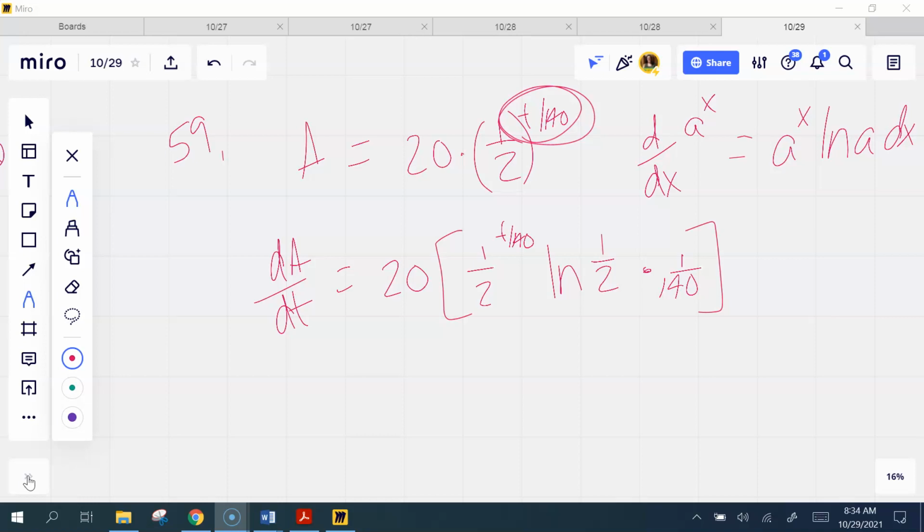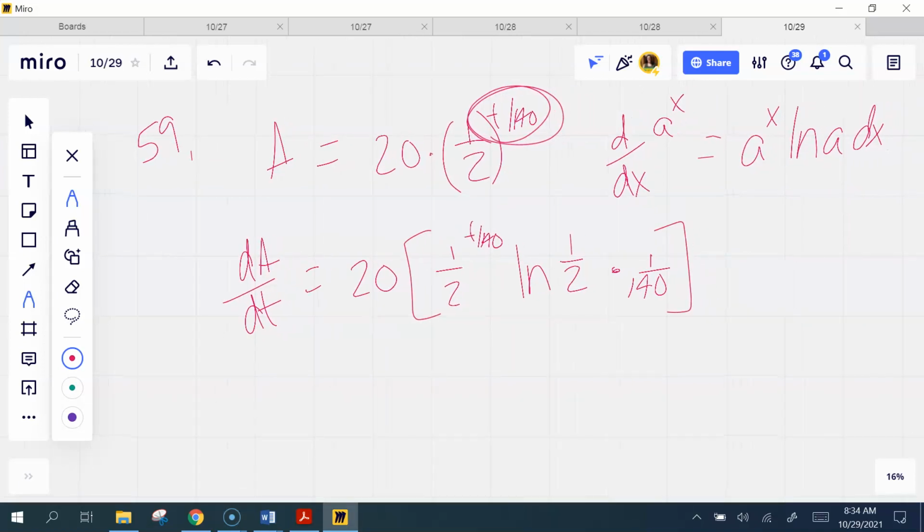They'll give you this convoluted formula, and then you have to know what to do with it. That's on your derivative sheet. So I'm going to combine what I can, but this becomes a calculator problem, because it asks you at 2 days.